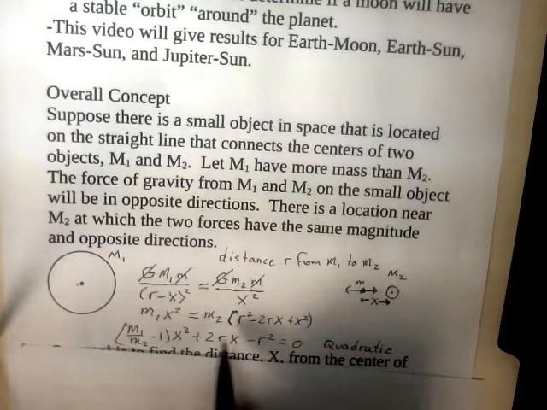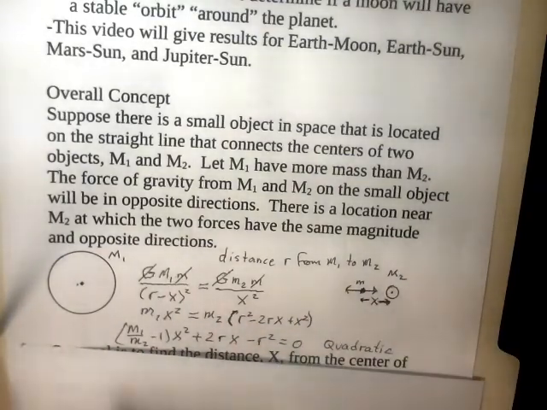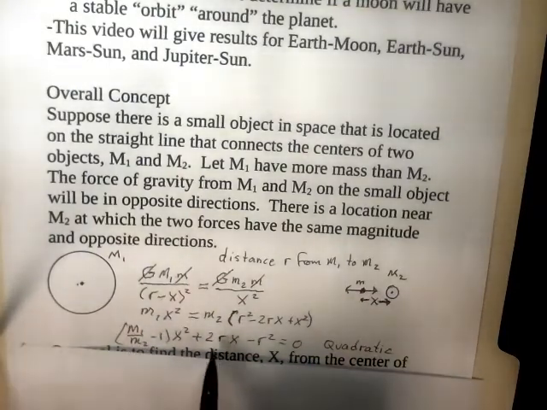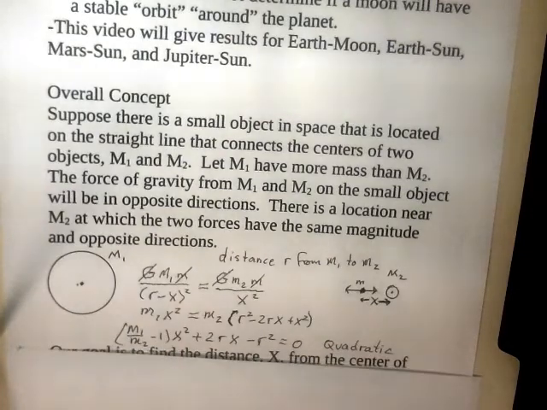The R squared I subtract from both sides equals 0. I've got a quadratic equation, and we have numbers for the masses, for example, of the Sun and the Earth. We know the distance from the Sun to the Earth. This X is our unknown that we'll solve for. And again, R is the distance from the Sun to the Earth, or for the other planet situations.